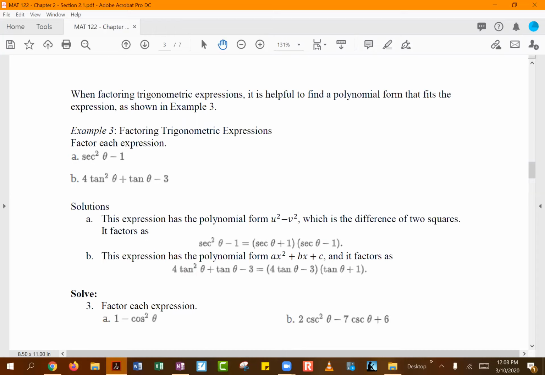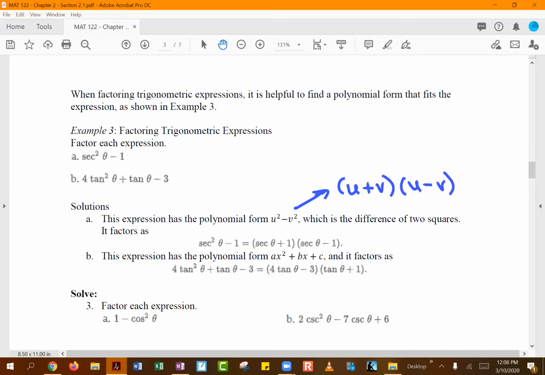You can actually think of 1 as being 1 to the 2nd power, and then I can use my difference of squares. It's basically a squared minus b squared, which factors into a plus b, a minus b, or they're actually using the expression u squared minus v squared. It doesn't matter, because with difference of squares, it factors into u plus v, u minus v.